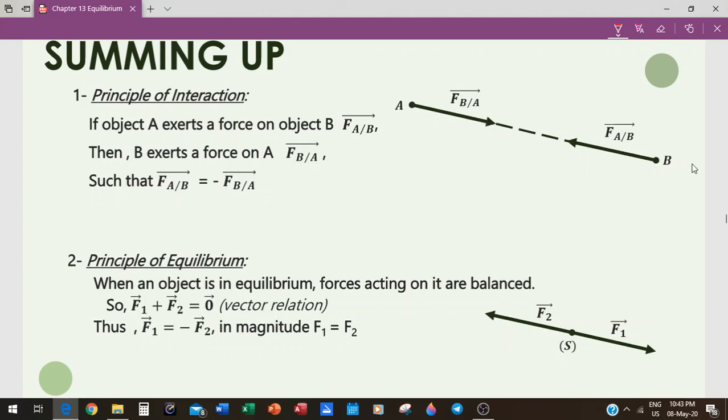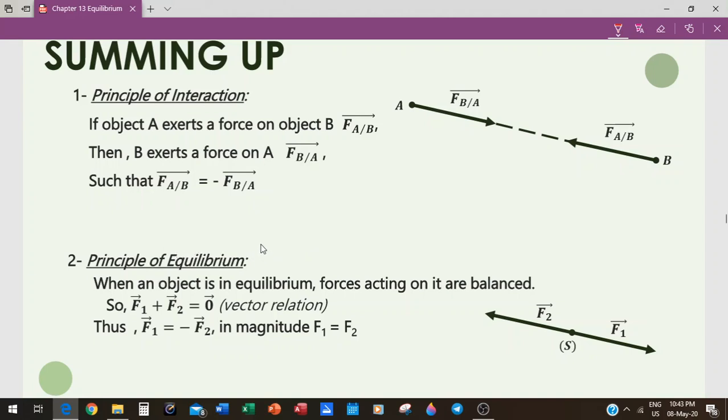This one is to this direction and this one is to this direction, such that force F A on B equals minus force F B on A. In magnitude, when we remove the vectors, we remove also the minus. We say F A on B equals F B on A. This is the principle of interaction.